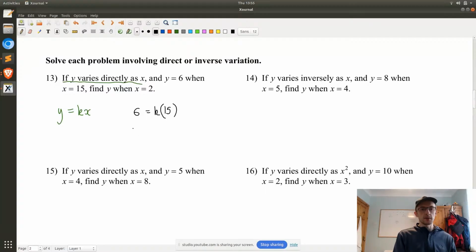And then find the constant of variation, so here k equals 6 over 15. Common factor of 3, so 2 over 5. And then we have to find out what y is when x is equal to 2. So y equals 2/5 of x. And so when x is 2, y is equal to 4/5.